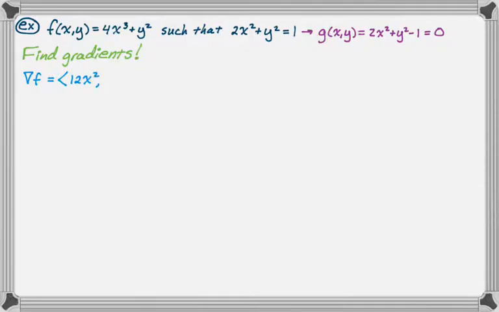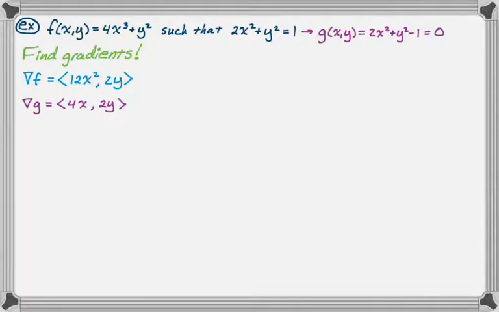Same idea for y: y^2 is the only thing, so the derivative with respect to y is 2y. And there's our gradient of f. We need the gradient of g. So g is 2x^2 + y^2 - 1. 2x^2 is the only thing with x's, so partial x is 4x. Partial y, for similar reasons, is just 2y.